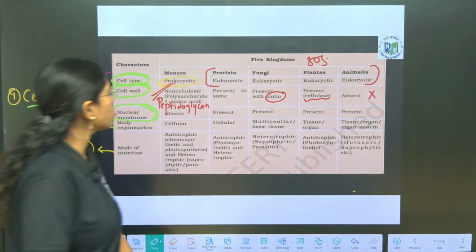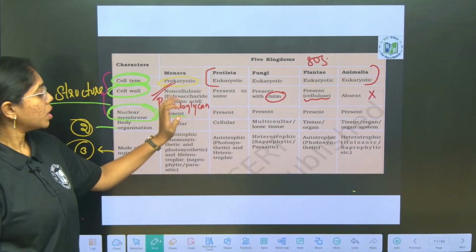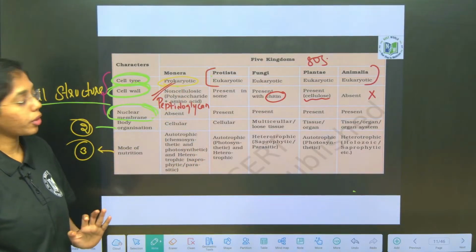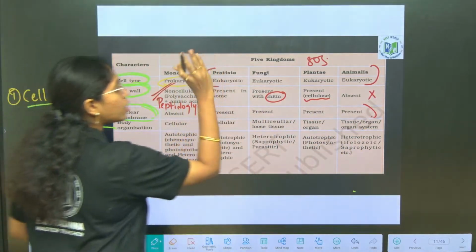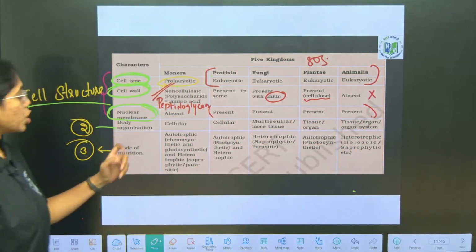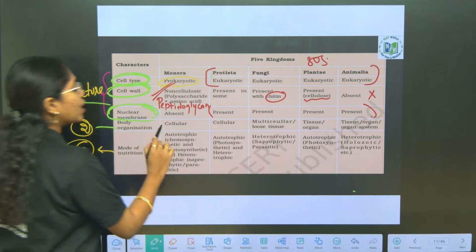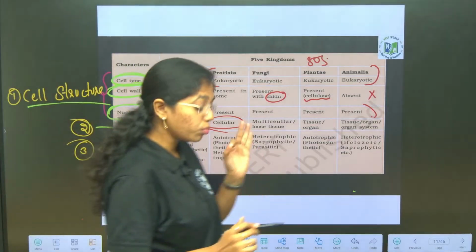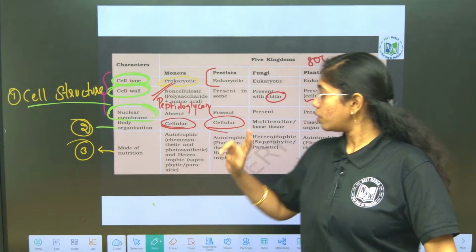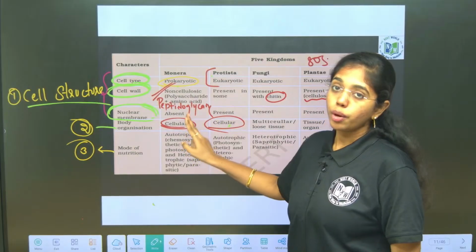Nuclear membrane is absent or not completely covered in a prokaryotic cell. Nuclear membrane is present from Protista to Animalia. Next is body organization, which is cellular, because unicellular organisms are only kept in Monera and Protista: unicellular eukaryotes and unicellular prokaryotes.